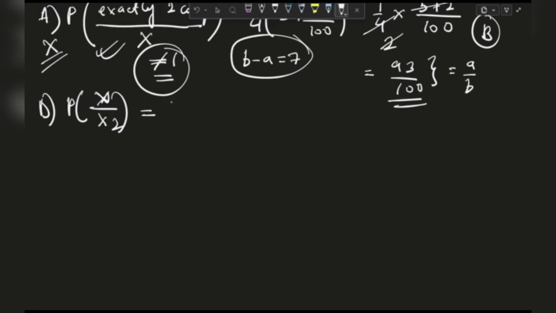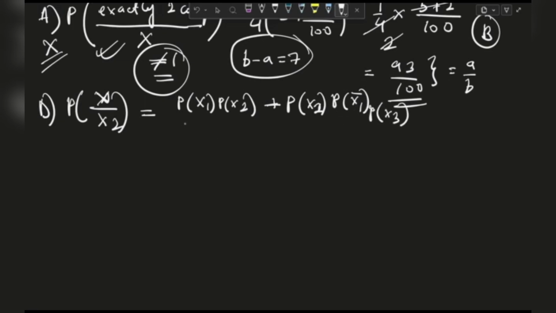This thing will become probability of x1 into probability of x2 plus probability of x1 complement into probability of x3 this time, and this will be whole divided by your probability of x2.